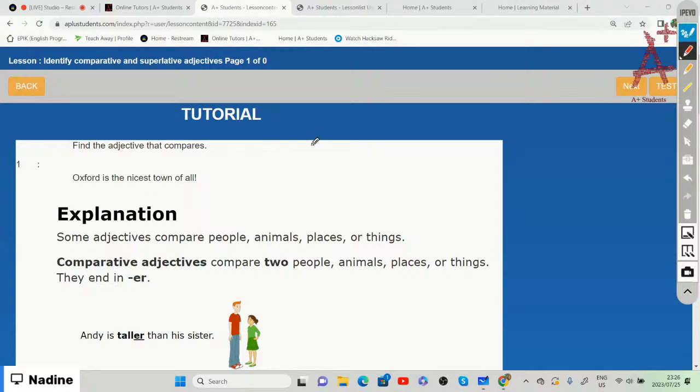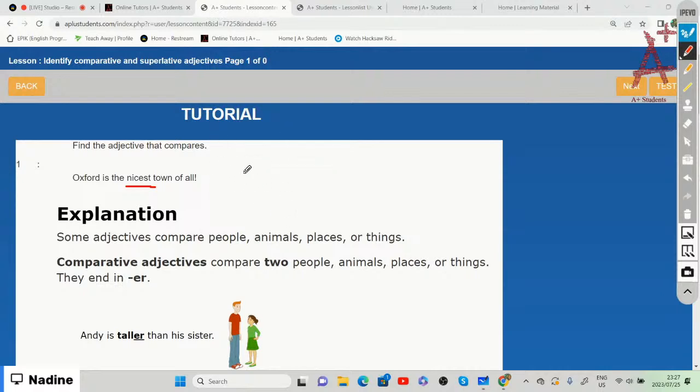All right, so if we identify the adjective that compares within the sentence, it is the nicest town of all, which means that Oxford is being compared to all the other towns within that state or province. So nicest. If we say nicest, then it is being compared to all the other towns or cities.